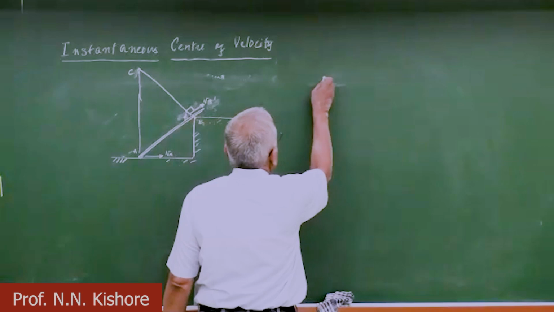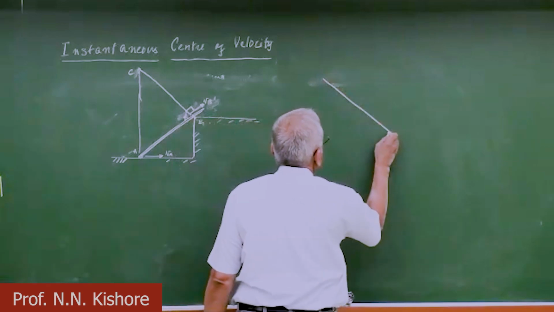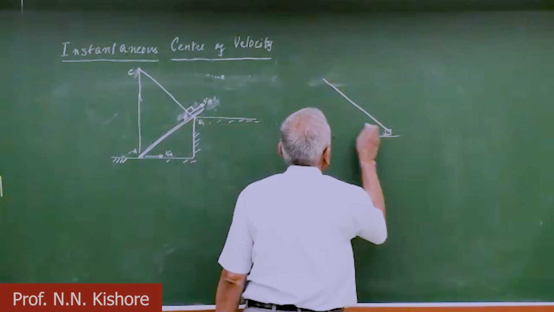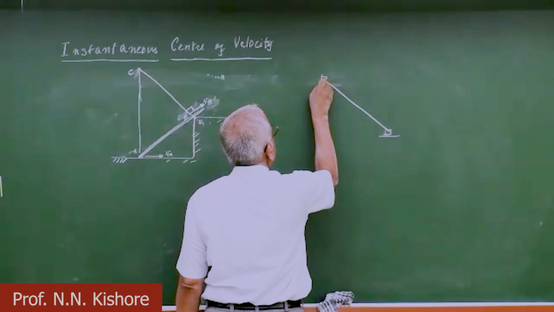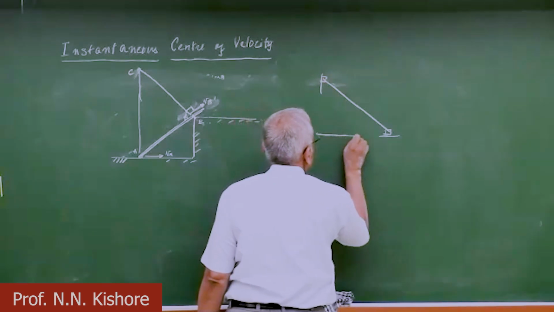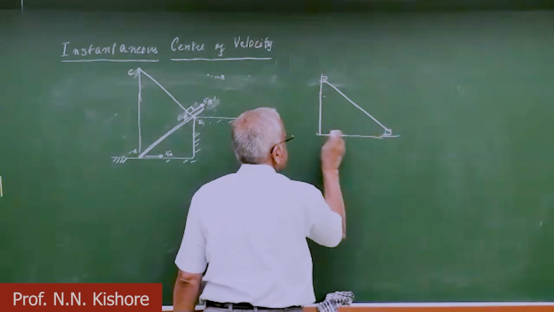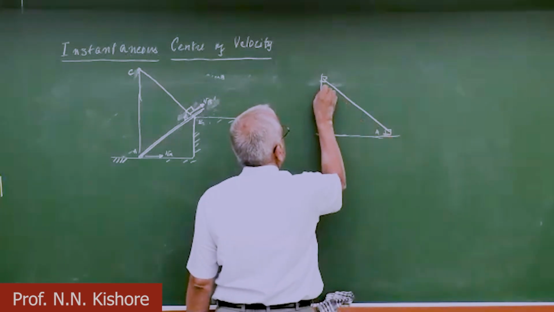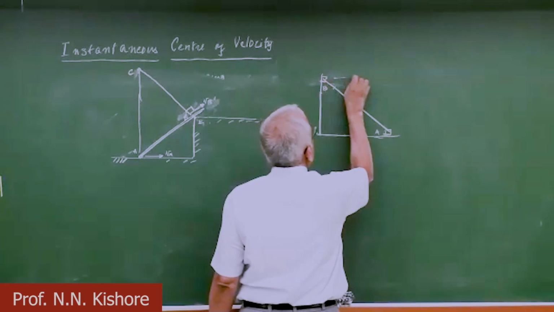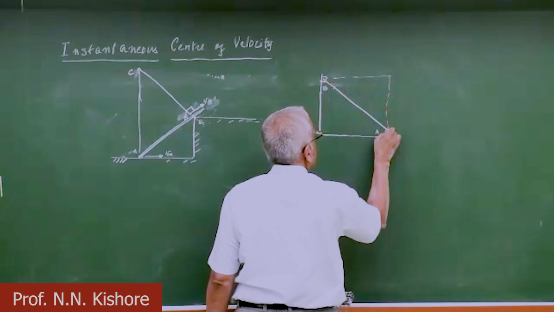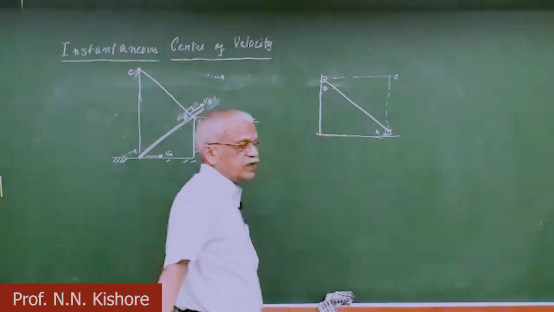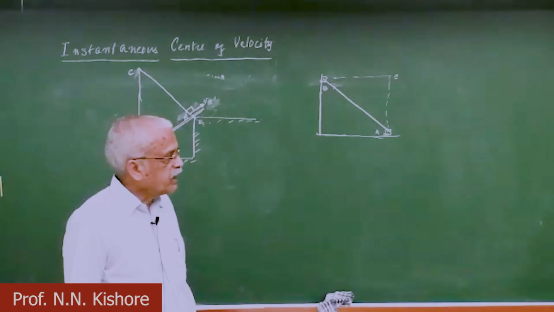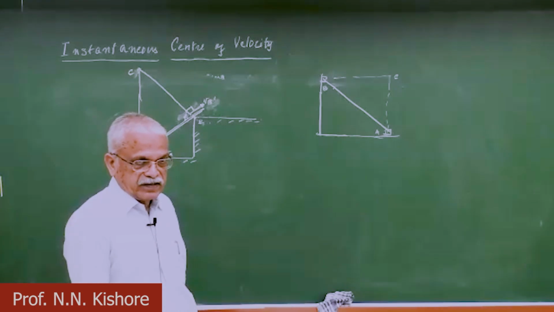If we go back to this example, we know that the instantaneous center C is located here. What will happen a little later?